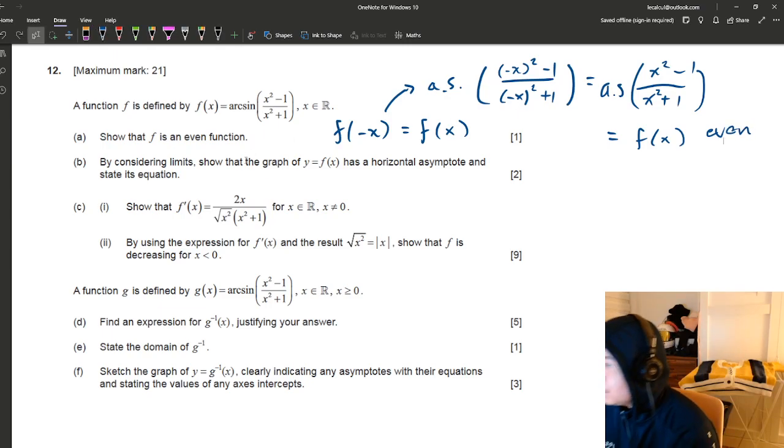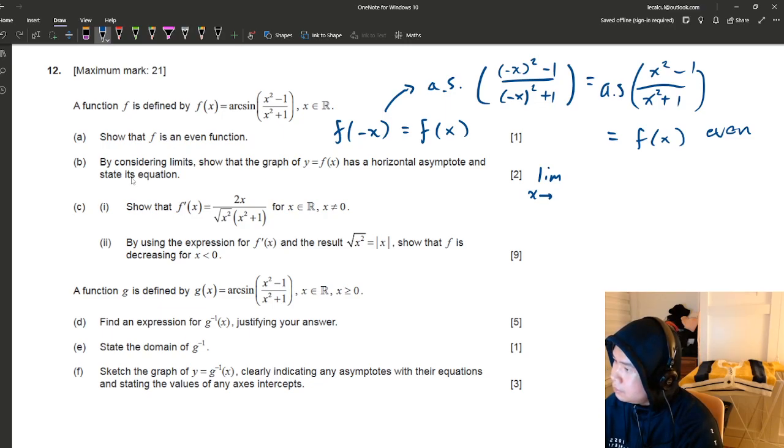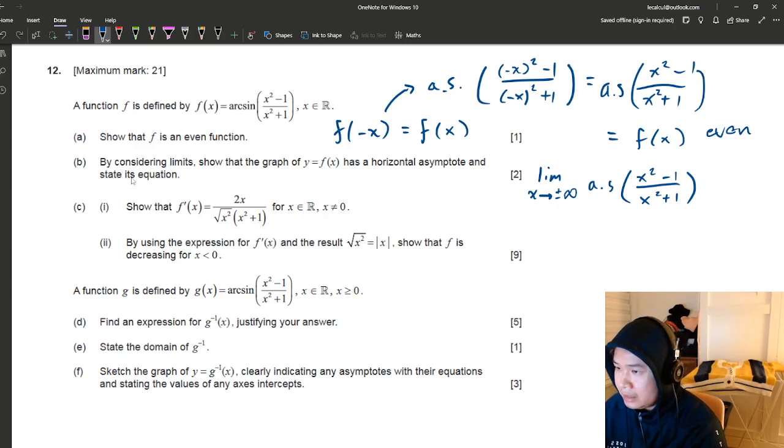Easy. Now, by considering the limits, show that the graph has a horizontal asymptote and state its equation. Okay, a horizontal asymptote is the limit as x goes to basically positive or negative infinity. And we're going to do what we did in the other question, and I'm going to factor out an x squared.